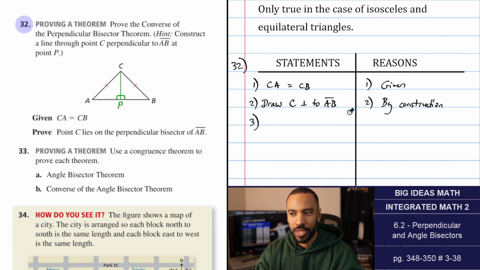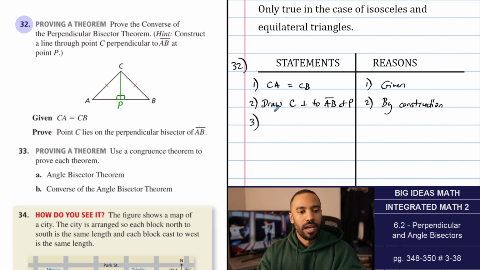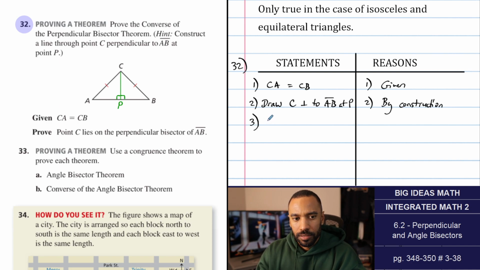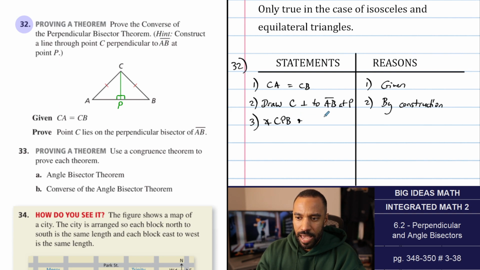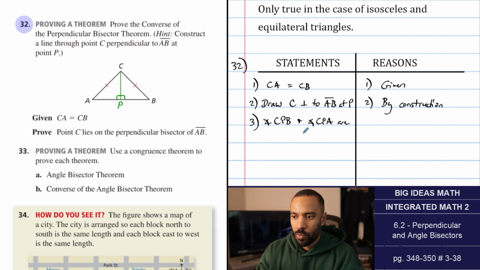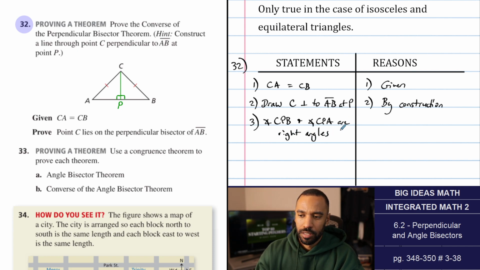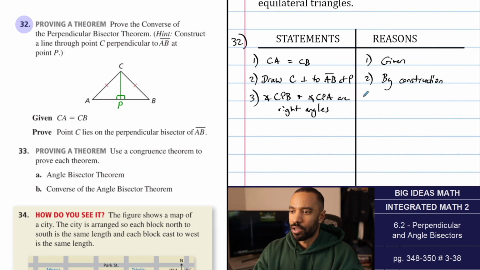So I don't think I have to make that statement, but I do now have to state that angle CPB and angle CPA are right angles. Okay, they are right angles. That is the definition of perpendicular lines.